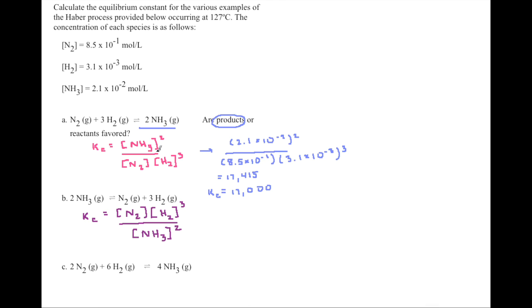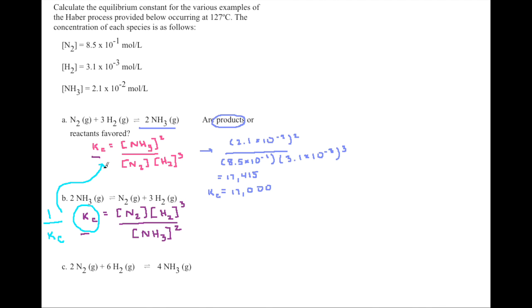Now what you should notice, this versus this, well, how does my Kc here compare to my Kc here? To get this equal to this, all I need to do to my Kc is just flip it. So this is actually just going to be equal to 1 over this Kc.